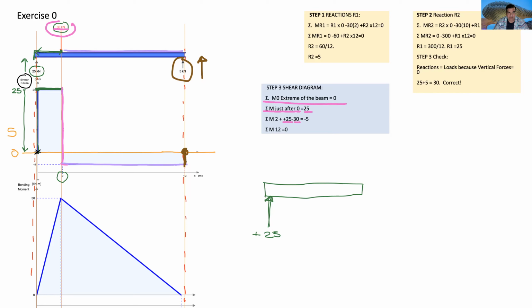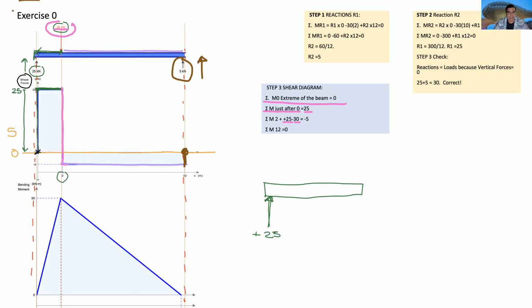And what we can know here is that the maximum shear is 25 because it's the biggest number, not because 25 is positive. If it was -25, it would also be the maximum shear.